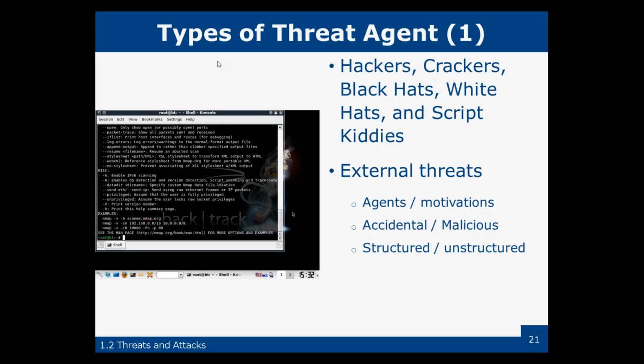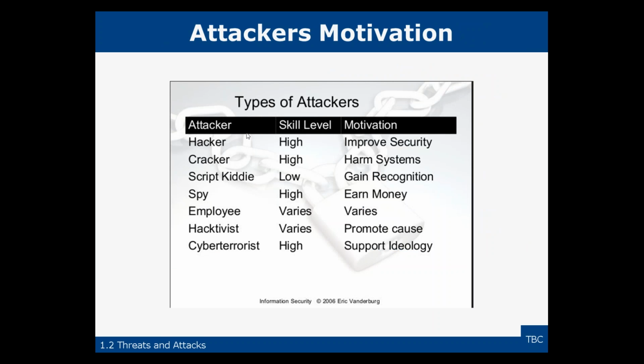We're going to have external threats and internal threats, and we have the external threats here. Agents and motivations: let's look at this one here. The types of hackers and their motivations and skill levels. A hacker has a high skill level, and his motivation is to improve security. A cracker is also high, and his motivation is to harm the system. Script kiddies have a low skill level, and they want to gain recognition.